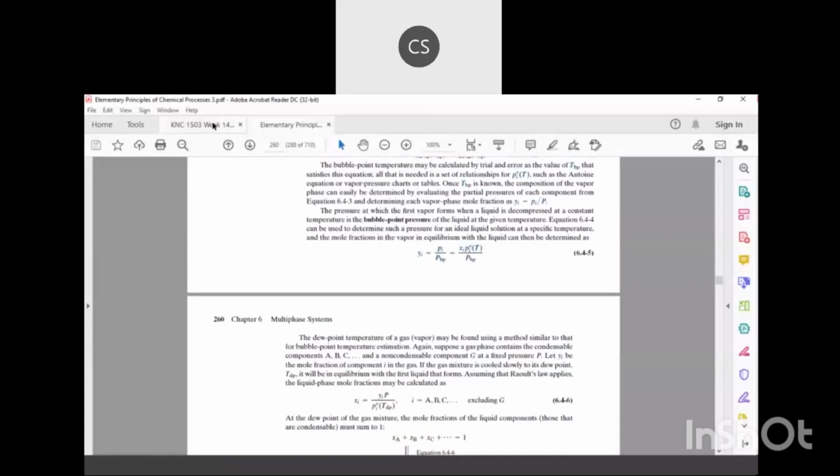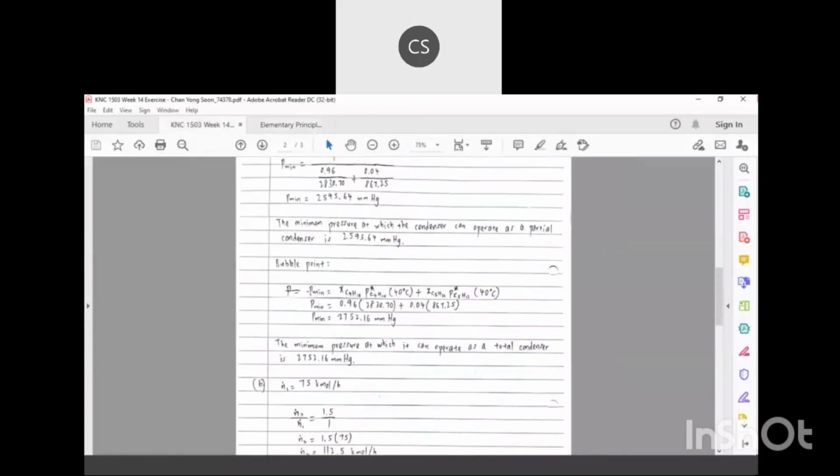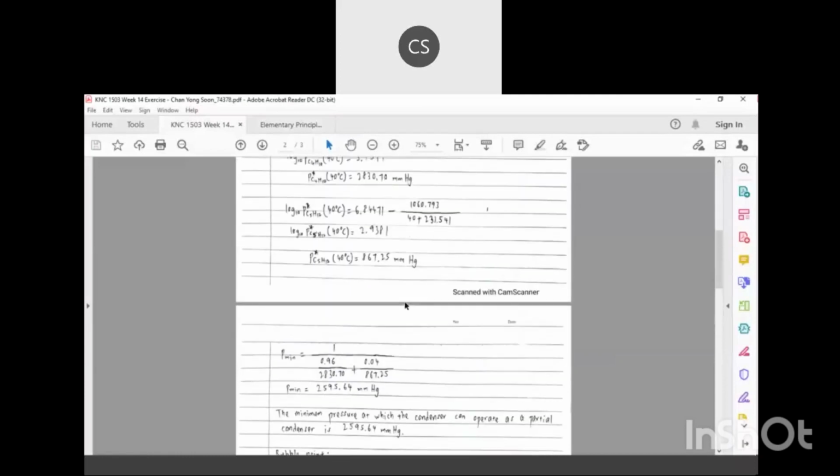So the minimum pressure is also the sum of the molar composition of each species times the vapor pressure of the pure species at 40 degrees Celsius.